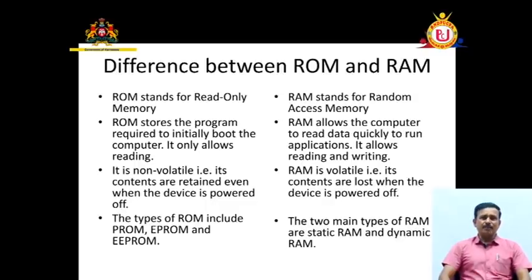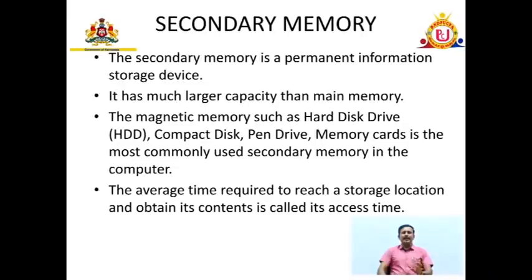Huge amounts of data can be stored in secondary memory. Nowadays, we can store not only text data but images, audios, videos, movies and other things. To store such large volumes of data, we need secondary storage devices.